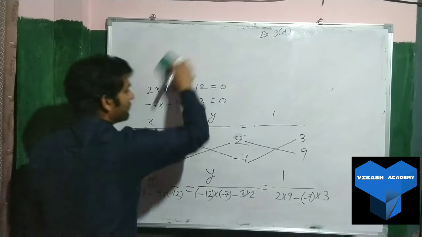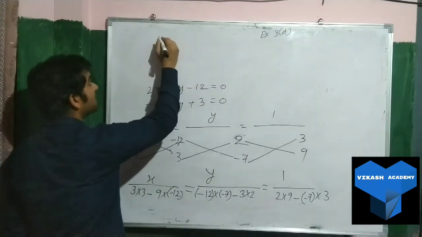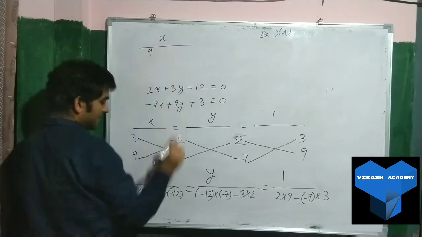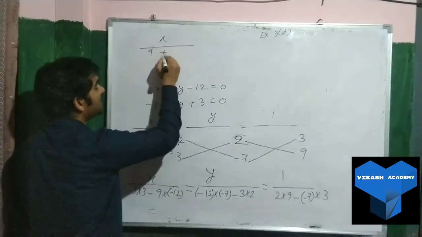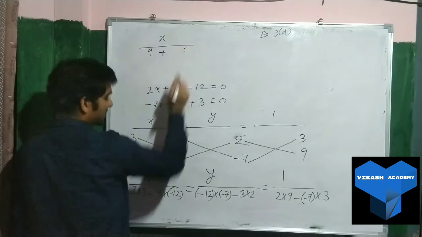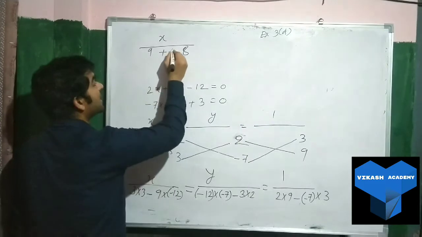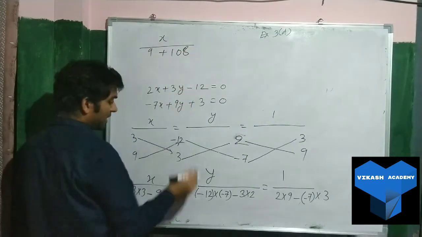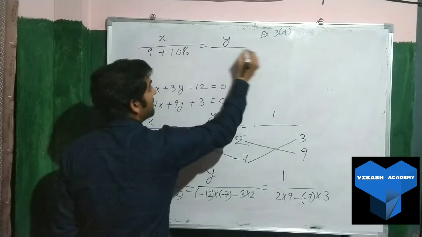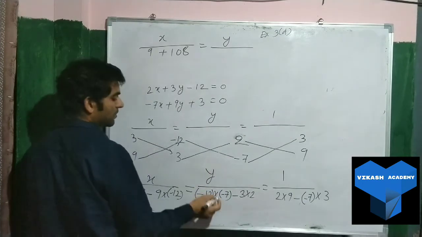Now let us simplify and get the answer here. So we will try to simplify it. Next step, x will be x, multiply 3 3s are 9, and then minus into minus, it will be plus 12 into 9. It will be 108, right? 9 2s are 18, then 9 1s are 9, 1 10, so 108. Equal, y, you will write y, minus into minus, it will be plus 12 into 7.